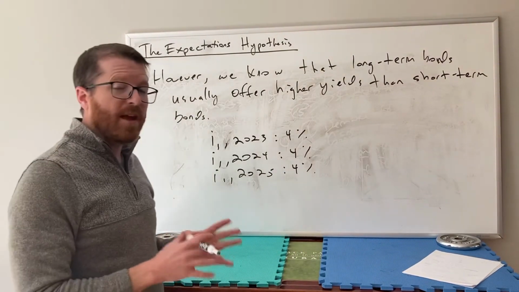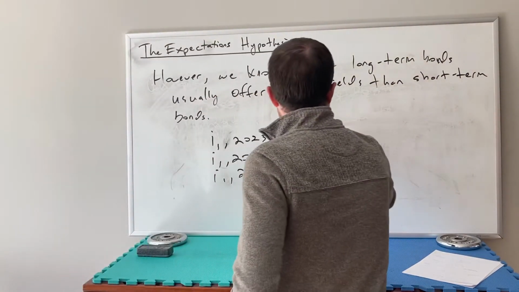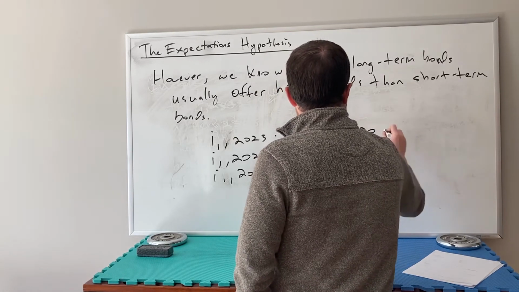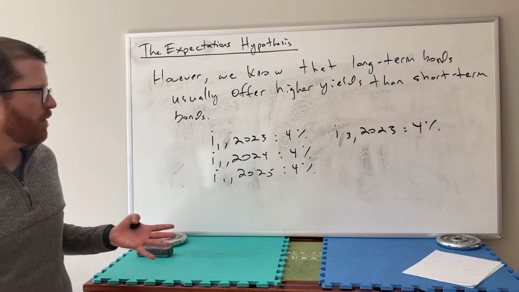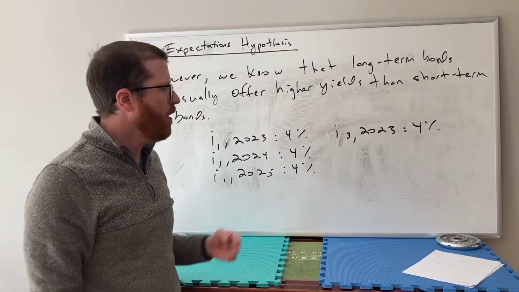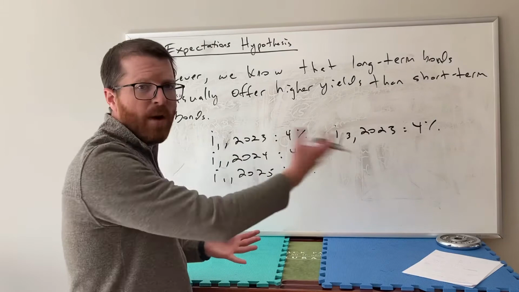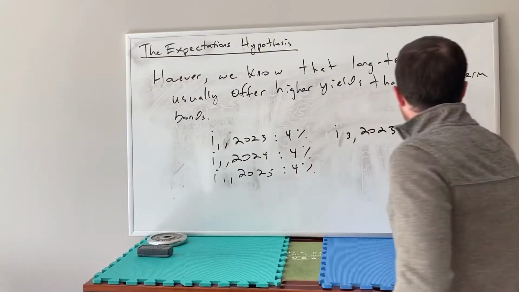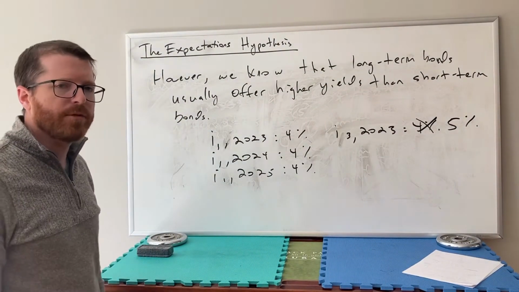If the expectations theory argument was literally true, then the interest rate on a three-year bond in 2023 would just be 4%, right? Because if you could buy individual bonds that earn 4% each year, well, then a 3-year bond will also pay 4%. In other words, you're equally well off buying either if you're an investor. But what we actually see is that the return on the 3-year bond will be higher, maybe something like 5%.